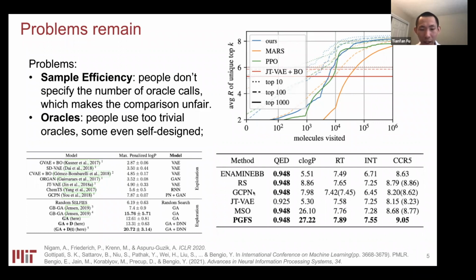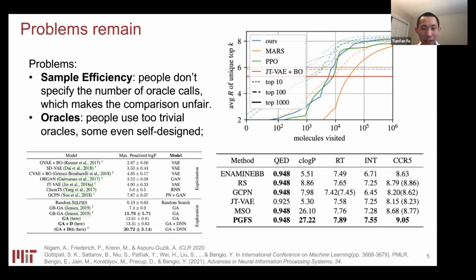Many methods can achieve 0.948, which is estimated to be the global optimum of the QED score. Even random search can reach that score. So the QED score is not a desirable oracle to distinguish multiple methods.